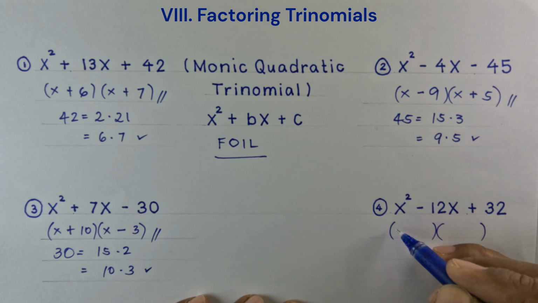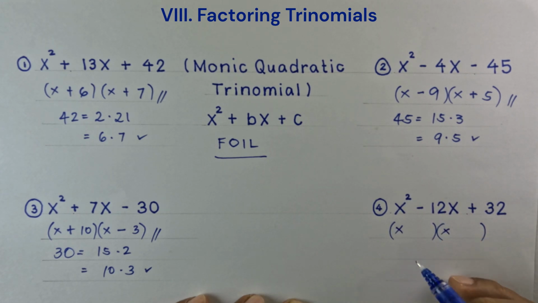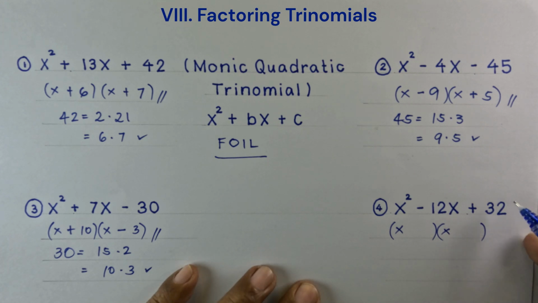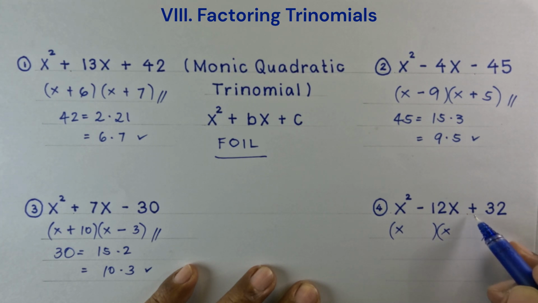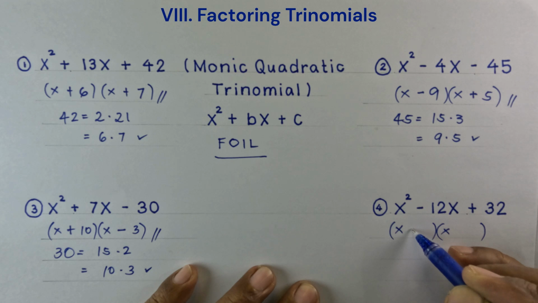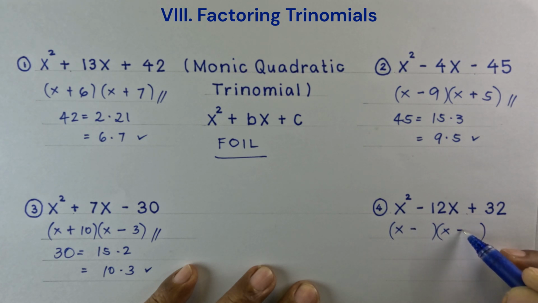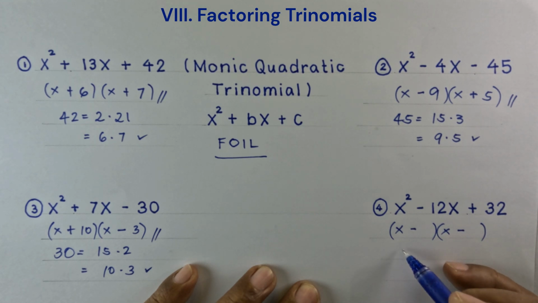So that's x squared. I write here x and x. The sign of the constant term is positive. Therefore, the signs of the terms here must either be both positive or both negative. But since the sign of the middle term is negative, so both must be negative. Now, let's get the factors of 32.